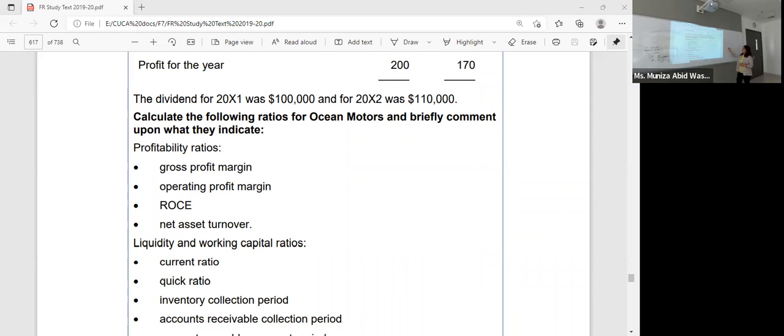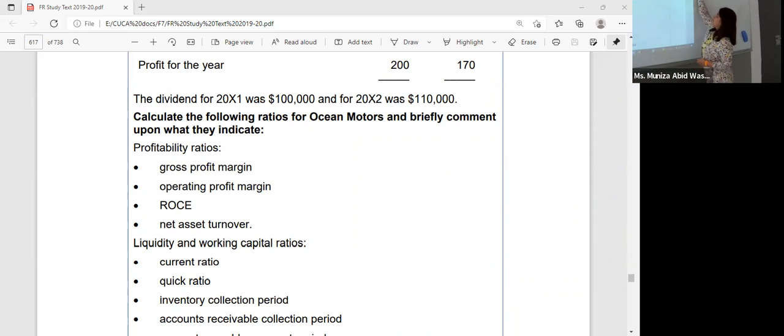Gross profit margin. The formula of the gross profit margin is gross profit divided by sales revenue multiplied by 100. Then you have operating profit margin: profit before interest and tax divided by sales revenue multiplied by 100.